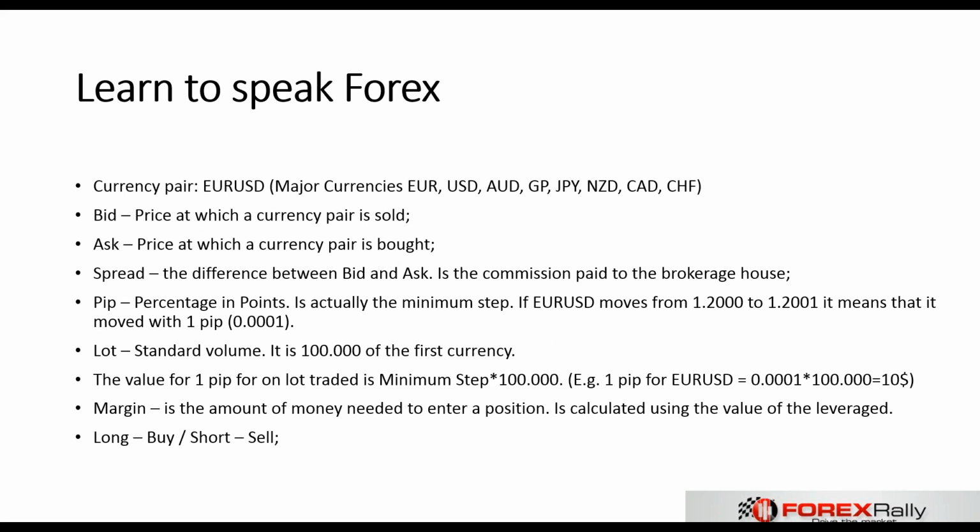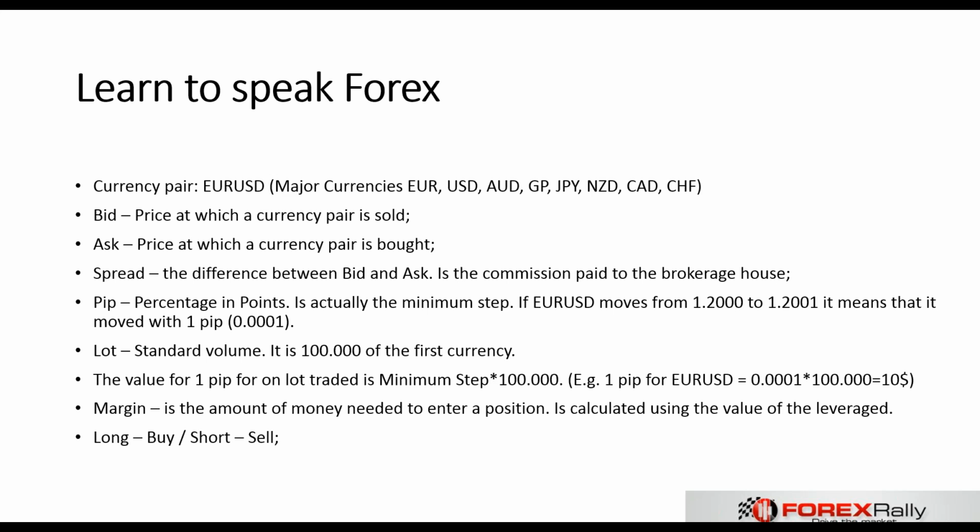The most traded currencies are the euro, USD, Australian dollar, Great Britain pound, JPY, the Japanese yen, New Zealand dollar, Canadian dollar, and Swiss franc. These are considered major currencies, and combining them together gives major currency pairs, like euro dollar. Euro dollar is actually one of the most traded currency pairs in the world at this point.